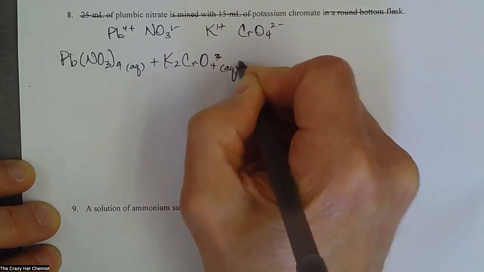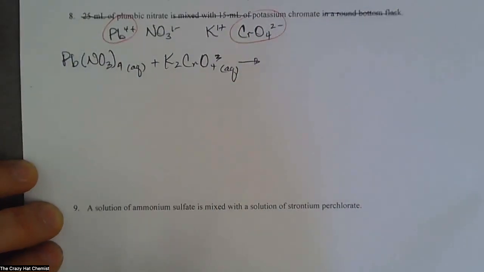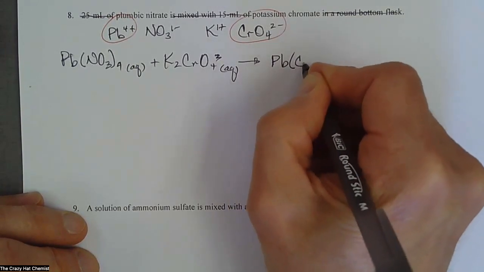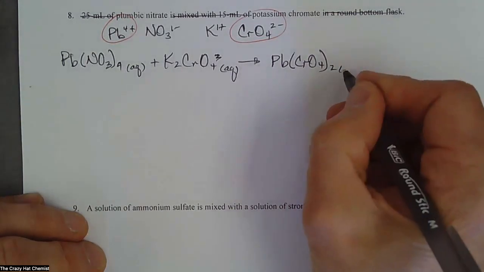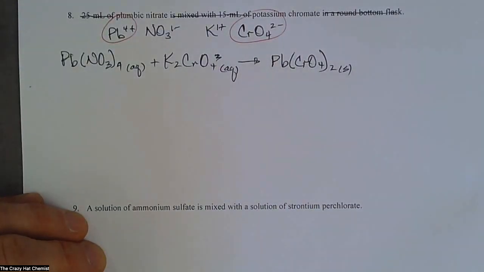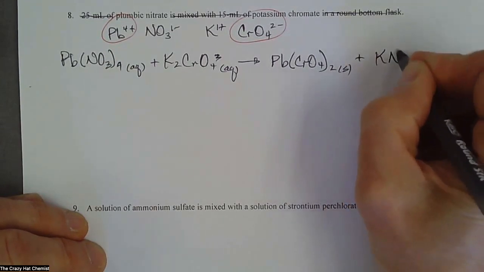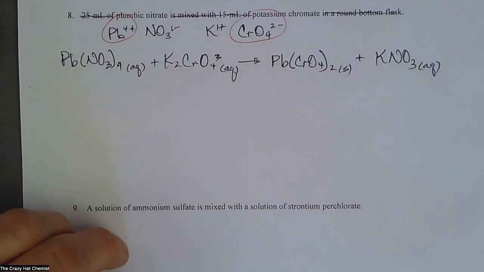aqueous, yielding the plumbic and the chromate are going to get together, and you're going to have to reduce this formula. So you get Pb(CrO4)2, and chromates are insoluble except for ammonium ion and alkali metals. And then KNO3, and that's aqueous because anything with potassium is aqueous.